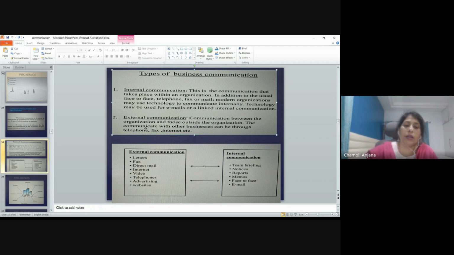All these are the external parties with which the organization has to constantly exchange messages. Every organization has to communicate with the customers, right? After all, they exist in the market to enhance their wealth.